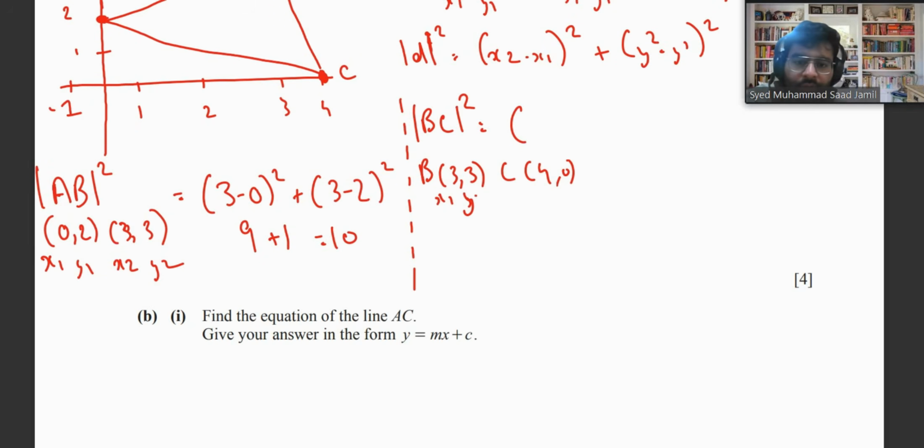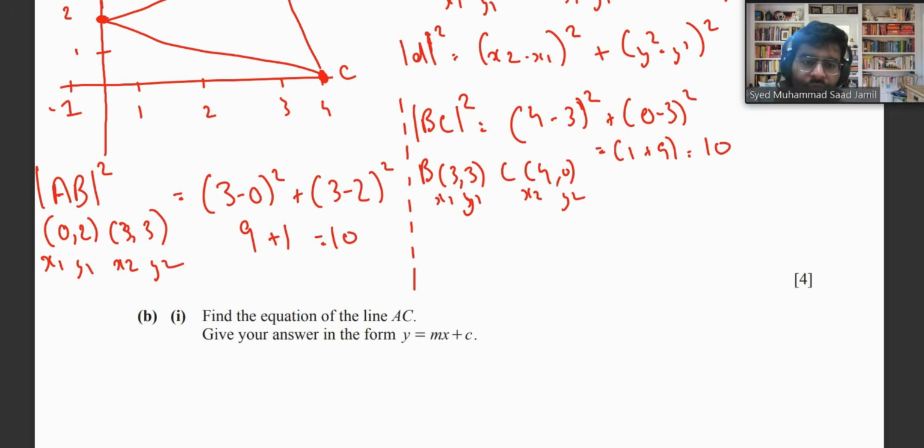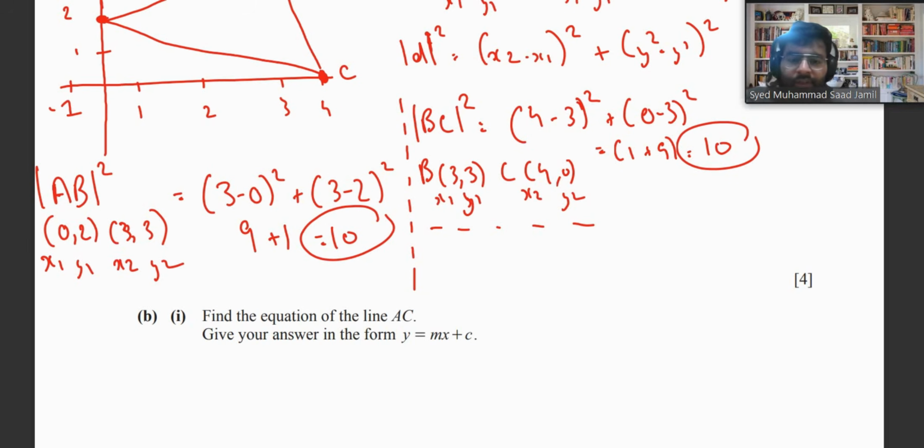So x2 minus x1 whole square plus y2 minus y1 whole square. So this becomes 4 minus 3 is 1, 1 square is 1, plus 3 square is 9. So this also becomes 10. So far AB is 10, BC is 10. Two lengths are same. Now we have to calculate AC.